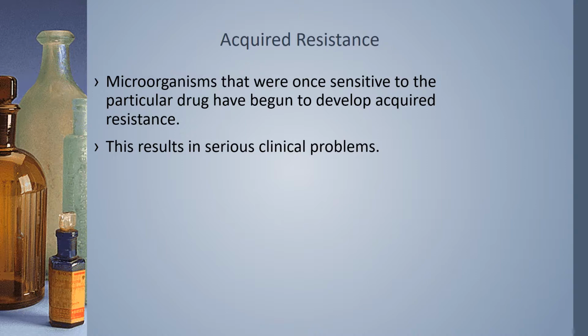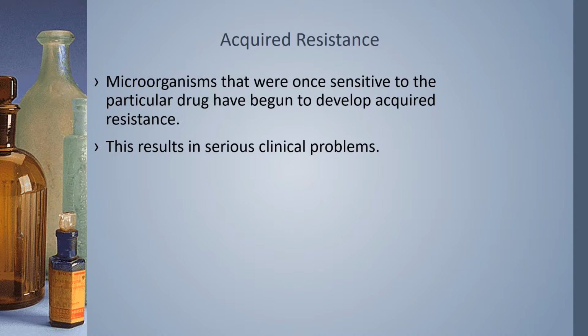For example, the beta-lactam antibiotics are affected by the microbe's ability to produce beta-lactamase enzymes, which can inactivate the particular drug. So many microorganisms have developed these enzymes to inactivate the effects of penicillin.